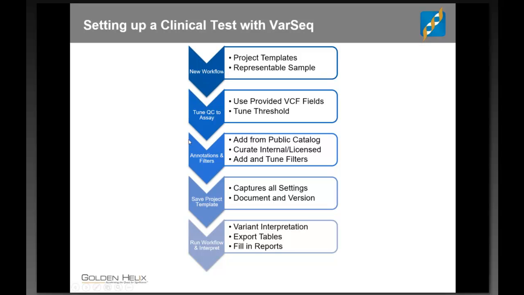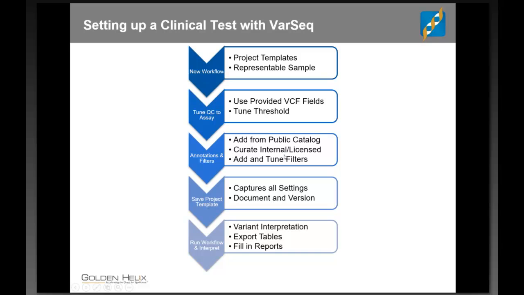So adding in public annotations, and I'll talk about public annotations in a second, is critical to be able to get from just a set of high-quality variants to variants that are actually meaningful in the context of the patient's phenotype, and being able to tune those filters to get to that level.